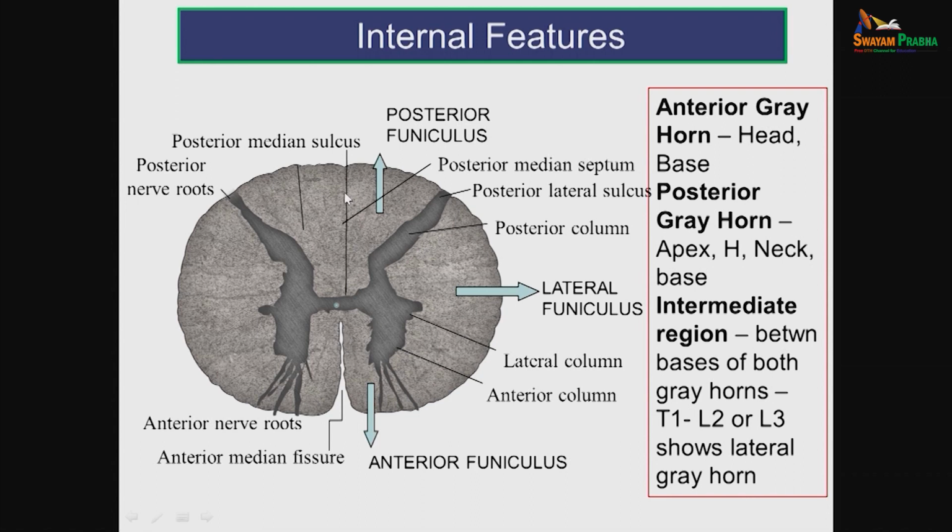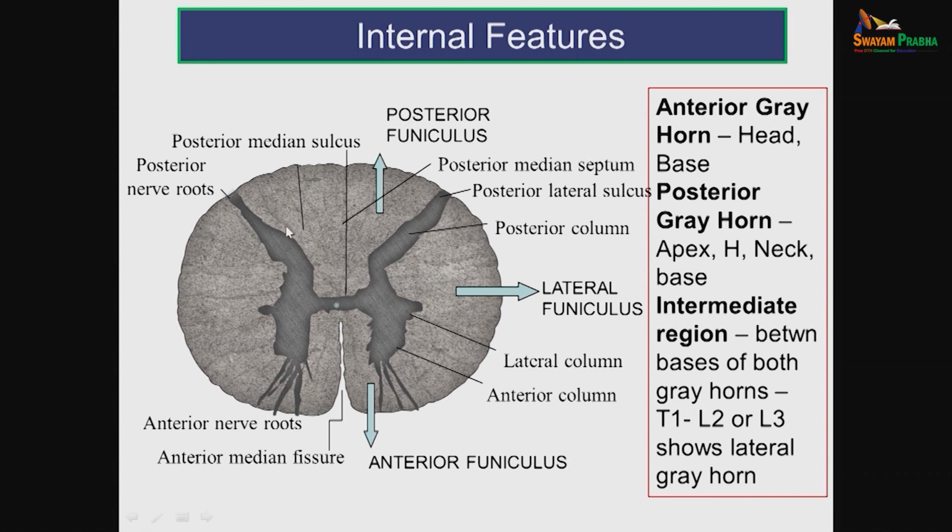One more thing you must note in this diagram is that we talked about a posterior intermediate sulcus on either side. From there a septum is extending, that is called as posterior intermediate septum. This is the posterior intermediate septum. Above the mid-thoracic region, this posterior intermediate septum is present, that is, in cervical and upper thoracic segments.